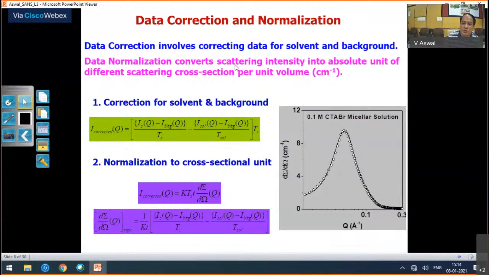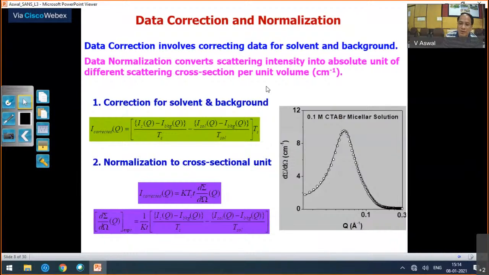Now, once you have prepared the right samples and done the measurements, what is important is that you correct the data properly. As you measure your scattering intensity in the transmission geometry, there will always be a transmitted beam contribution in the scattering you measure, and obviously there will always be background.